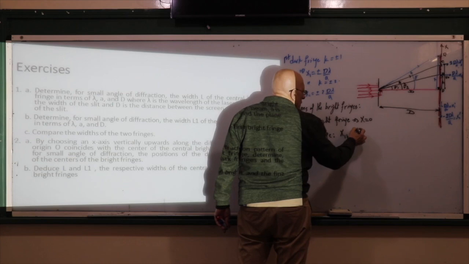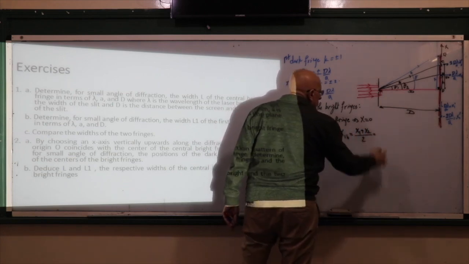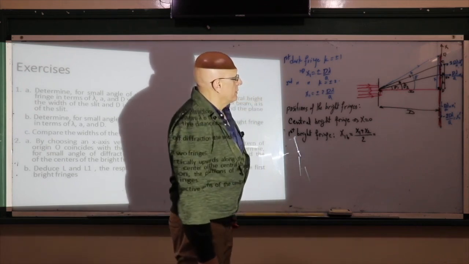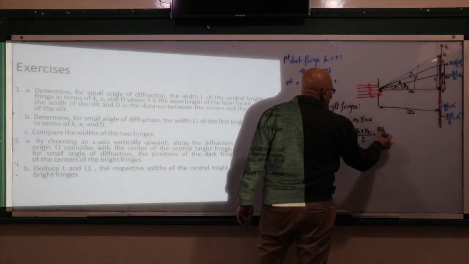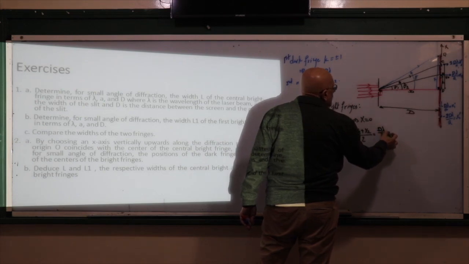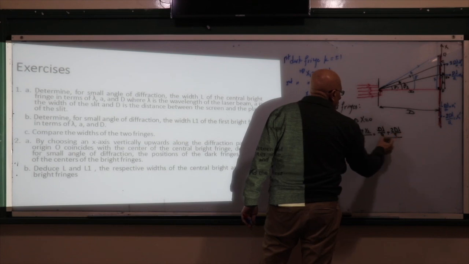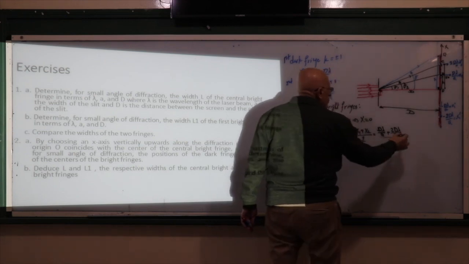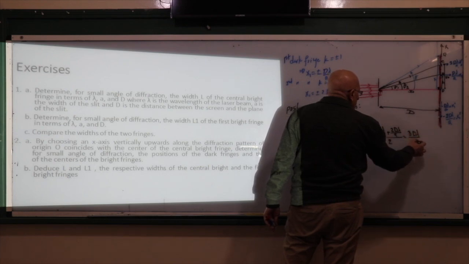It is equal to (x1 plus x2) over 2, which gives you (D lambda over a plus 2D lambda over a) over 2, which gives 3D lambda over 2a.